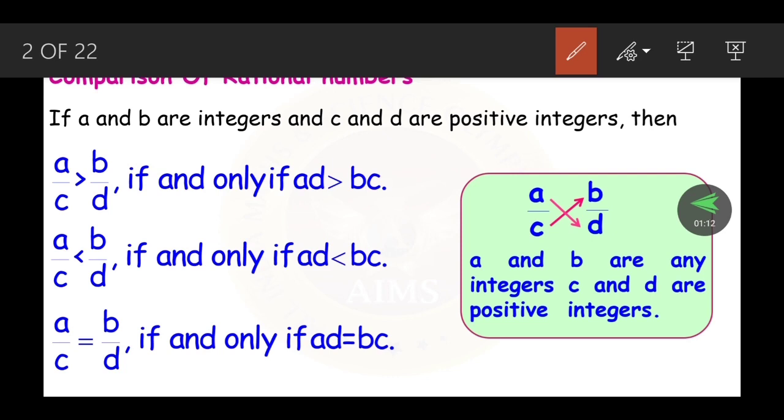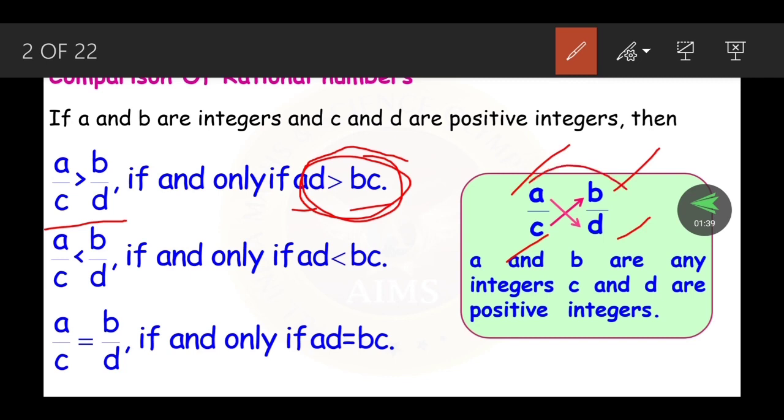By cross multiplying a with d and b with c, we get the products ad and bc. Just by comparing the products ad and bc, we can compare the fractions. So in method 2, we make the fractions cross multiply.